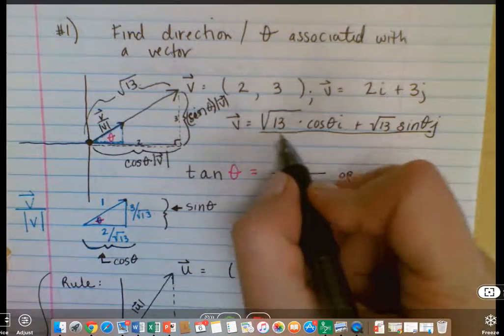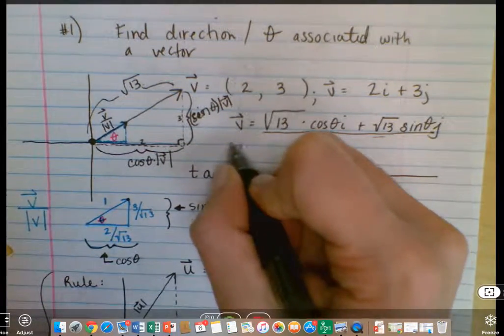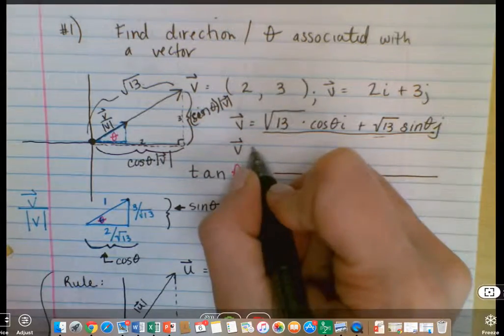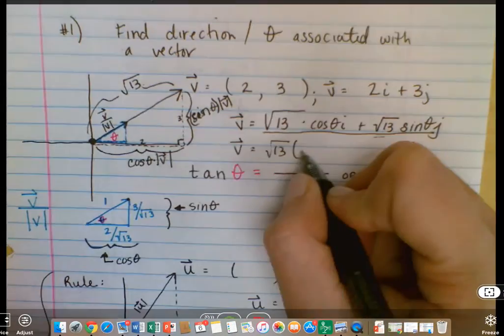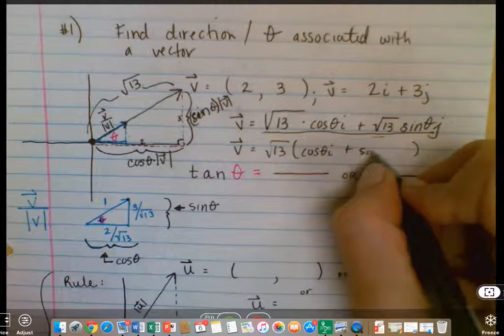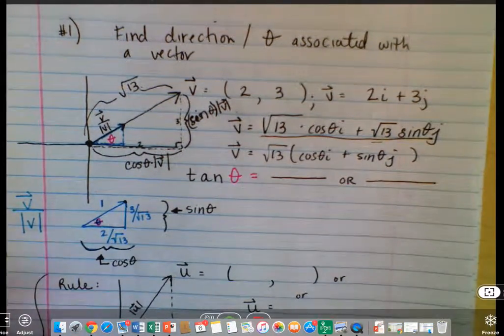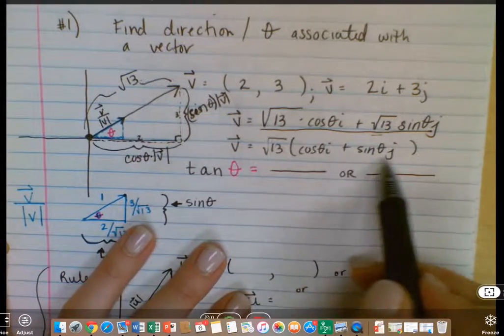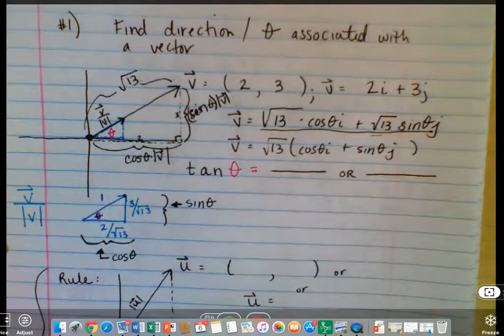Sometimes this is also written with this term right here factored out, so it may also be written more like this: root 13 times the quantity cosine theta i plus sine theta j. And we'll use this notation a lot when we do complex numbers and that kind of thing, and all of this writing right here becomes condensed to some quick little notes. But for now, we actually have to write it all the way out.